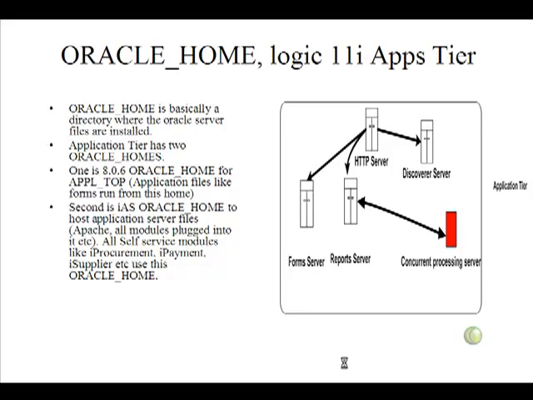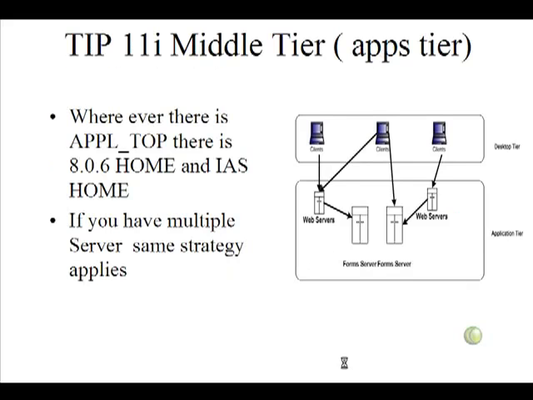So the logic is, wherever you see an Appletop, you will see an 806 Home. Wherever there is Appletop, there is 806 Home and IAS Home in a 2-node install, as I just described.